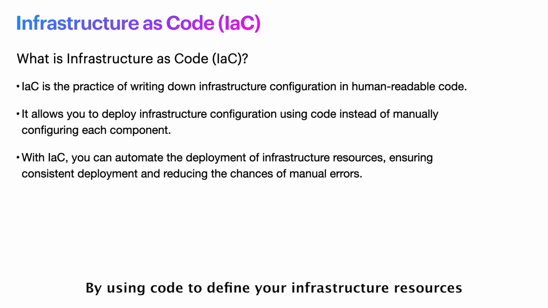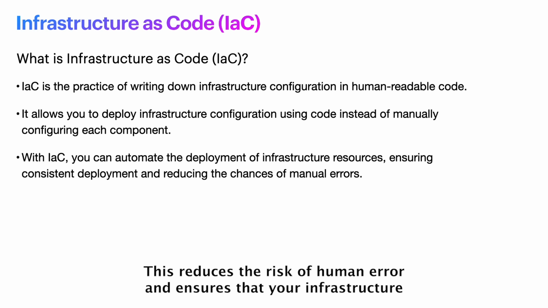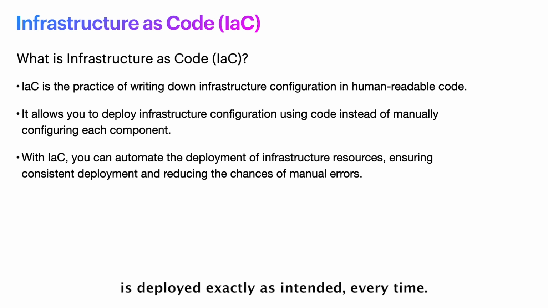By using code to define your infrastructure resources, you can create and update your infrastructure with ease without the need for manual intervention. This reduces the risk of human errors and ensures that your infrastructure is deployed exactly as intended every time.